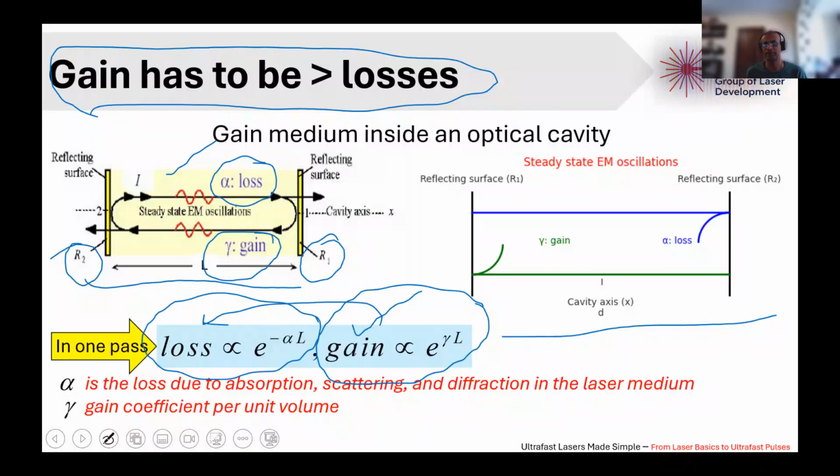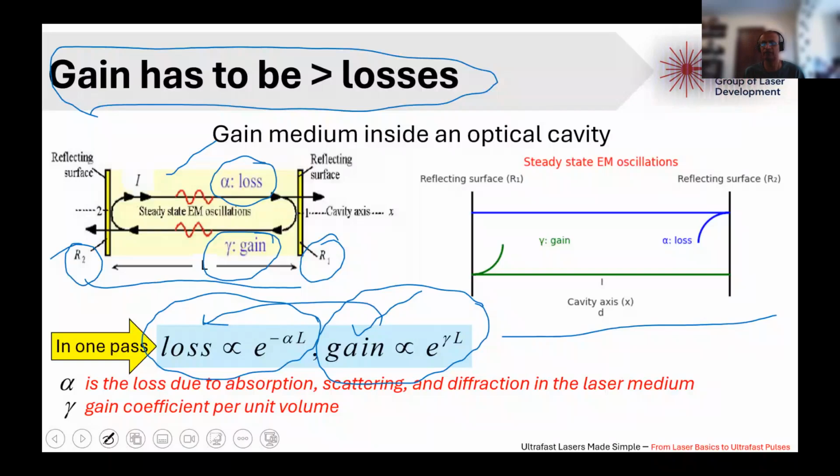I mentioned to you that losses can have many reasons. Things can be absorbed in the cavity or in the atmosphere around, photons can be scattered, light can diffract. That is the reason for the losses, which we cannot prevent.